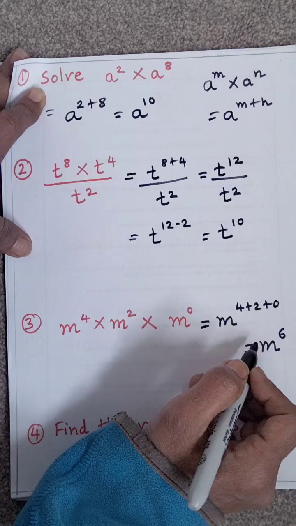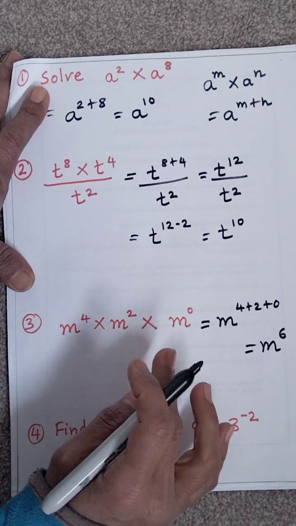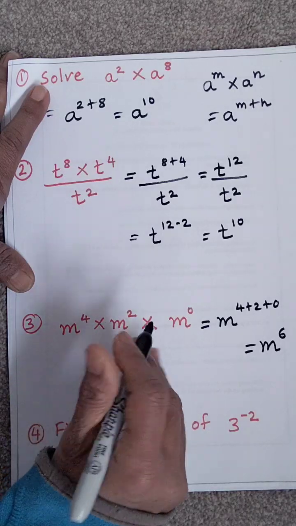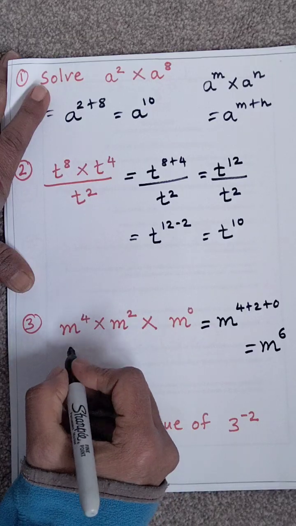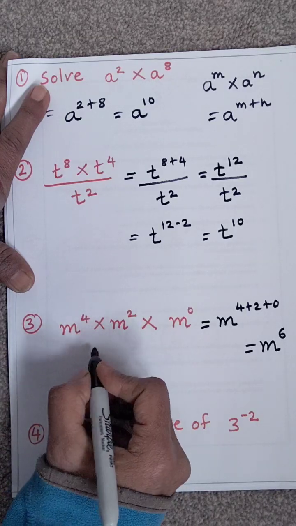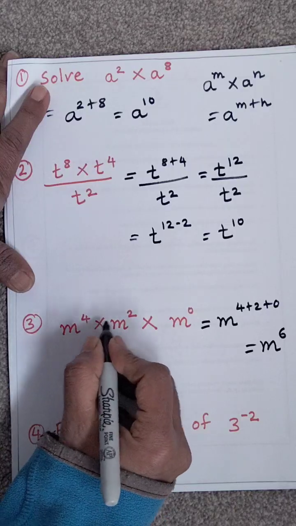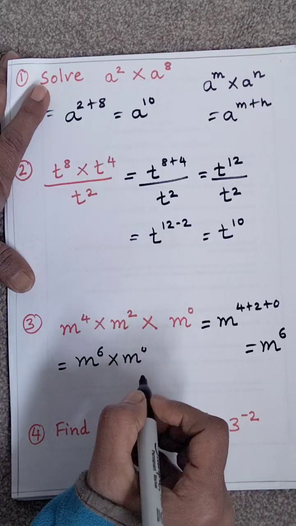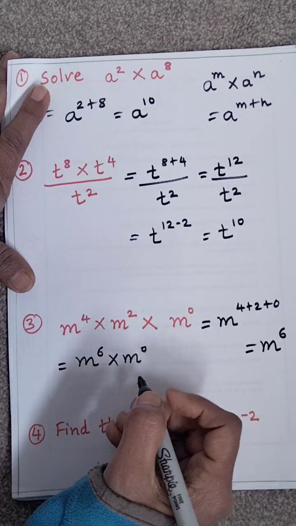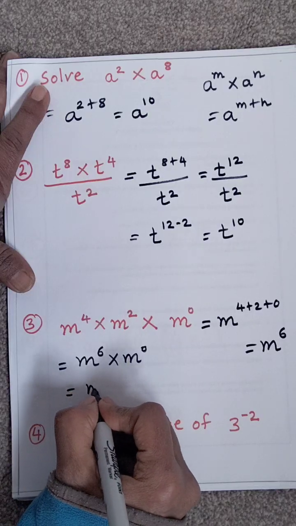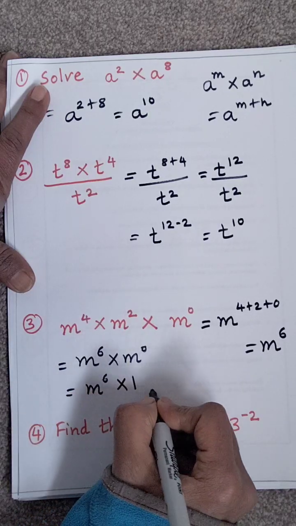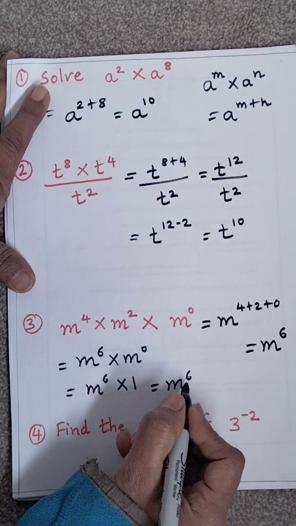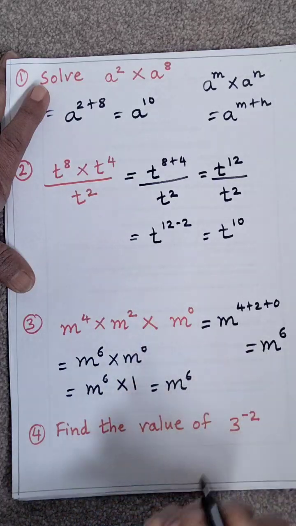Or we can also do 2 at a time. m raised to 4 times m raised to 2 is m raised to 4 plus 2, which is 6, times m raised to 0. Any number raised to 0 is always 1, so it is m raised to 6 times 1, which is m raised to 6. Any number times 1 is the same. So you can do whichever method you want to.